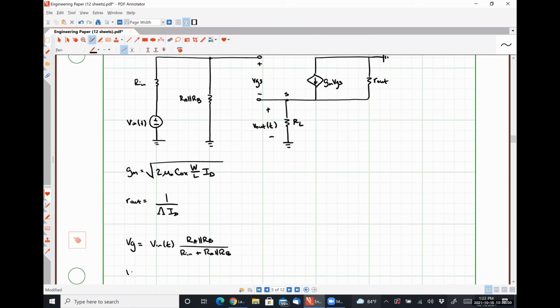Our source voltage, Vs, is V out, which means our small signal gate source voltage is Vg minus V out.